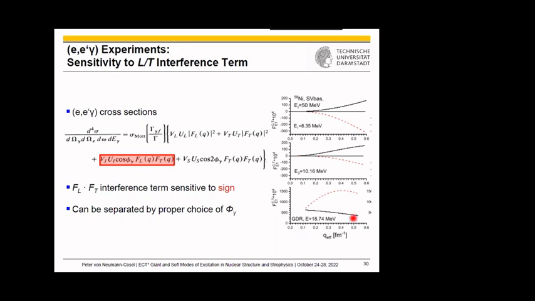If you look at the (e,e'γ) cross section, then you have your usual longitudinal and transverse parts, and then you have interference terms. One of these interference terms is the interference between the longitudinal and the transverse form factor. It has a unique dependence on the azimuthal angle in your setup, and that is, of course, sensitive to the sign.